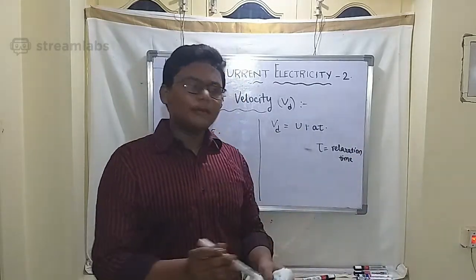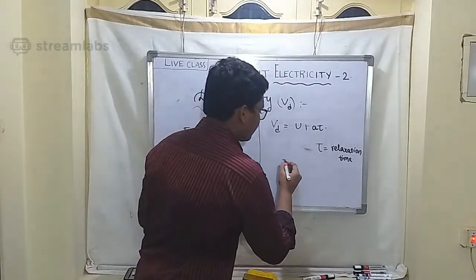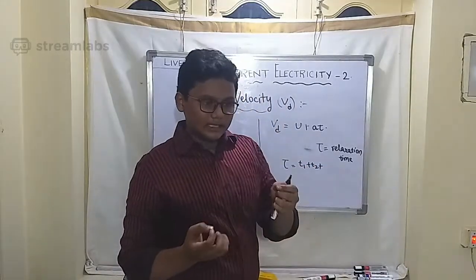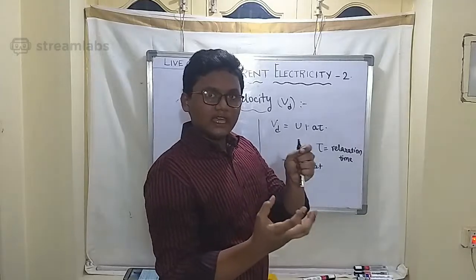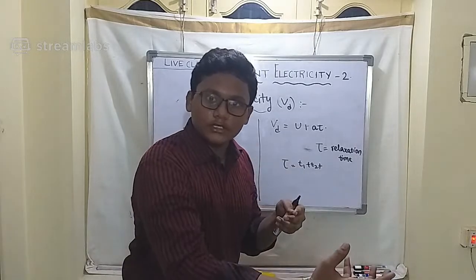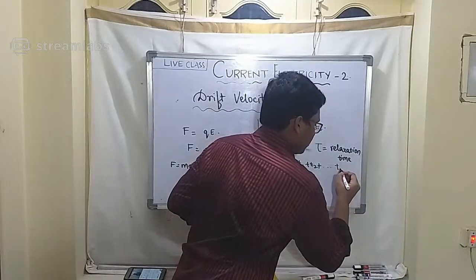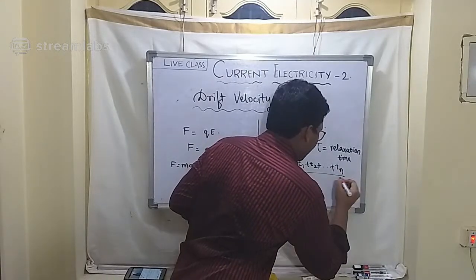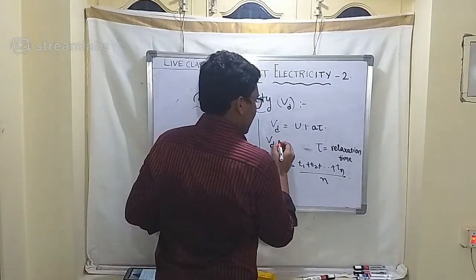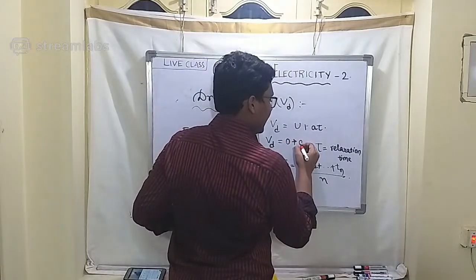Not only with the same electron, but with 2 or n successive collisions, tau is equal to (t1 plus t2 plus t3 and so on) by n, the time taken averaged over n successive collisions. That's the relaxation time, tau. And we know u plus at, that is 0 plus a into tau.